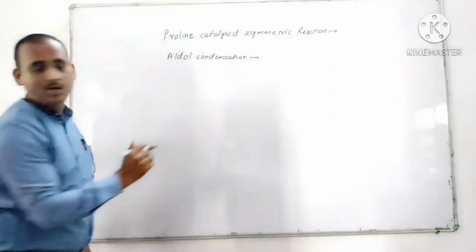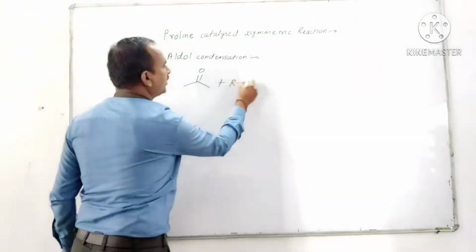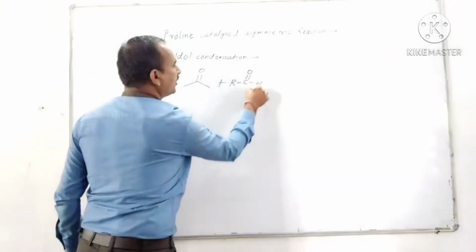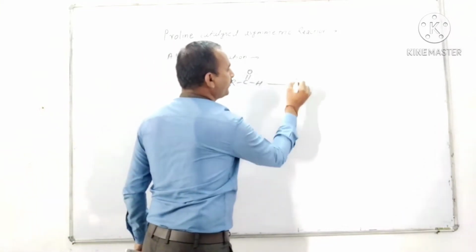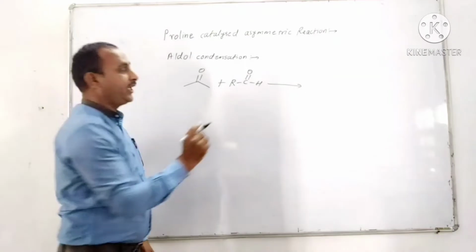So let's see the example. Acetone reacts with an aldehyde in the presence of the catalyst S-proline.